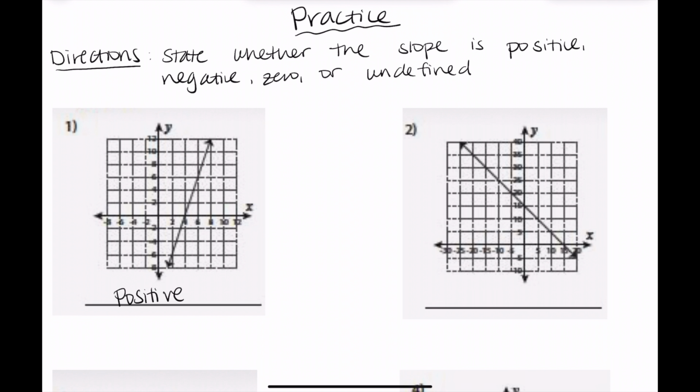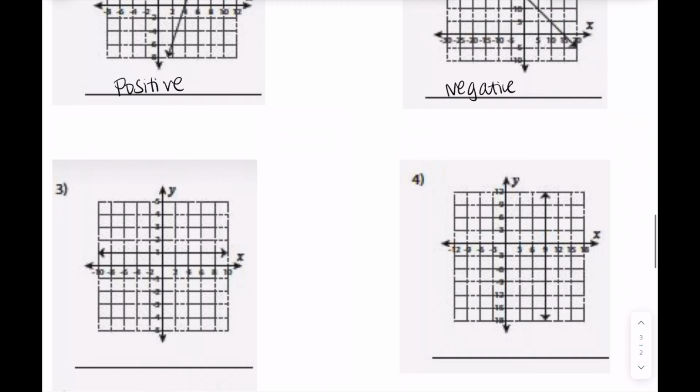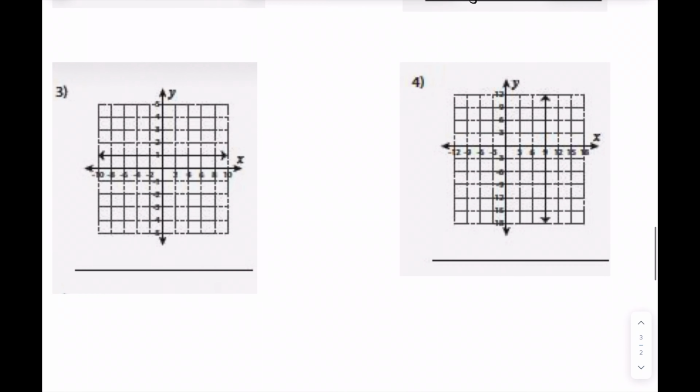If we look at number 2, this one would be negatively sloped. Why? Because as our x values increase, our y values decrease and our line is declining here. It is getting smaller, so number 2 would be a negative slope. Now for number 3, we have a horizontal line.